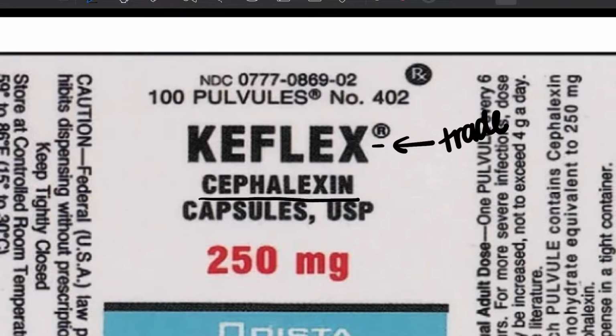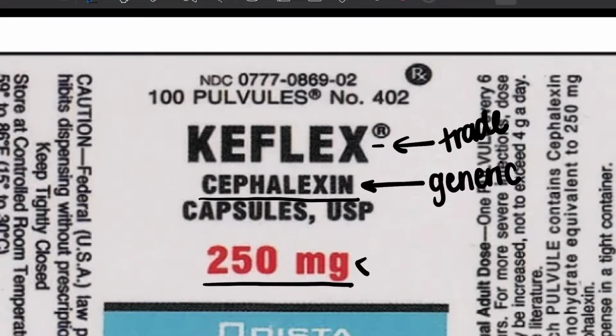Well, that's smaller than the Keflex. Doesn't have a registered trademark, so that has to be my generic. And now our dosage strength, we're looking at 250 milligrams. That's our dosage strength.